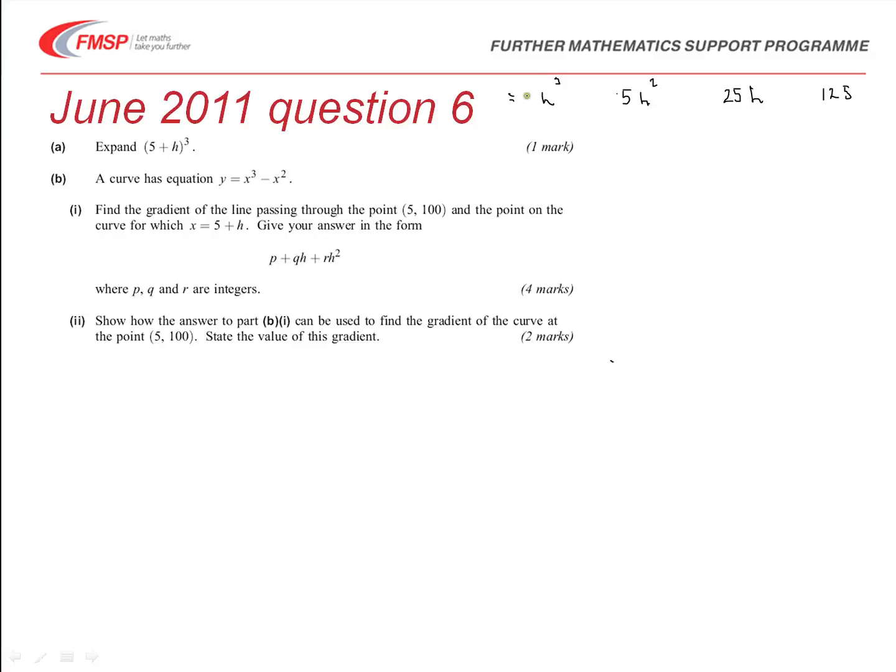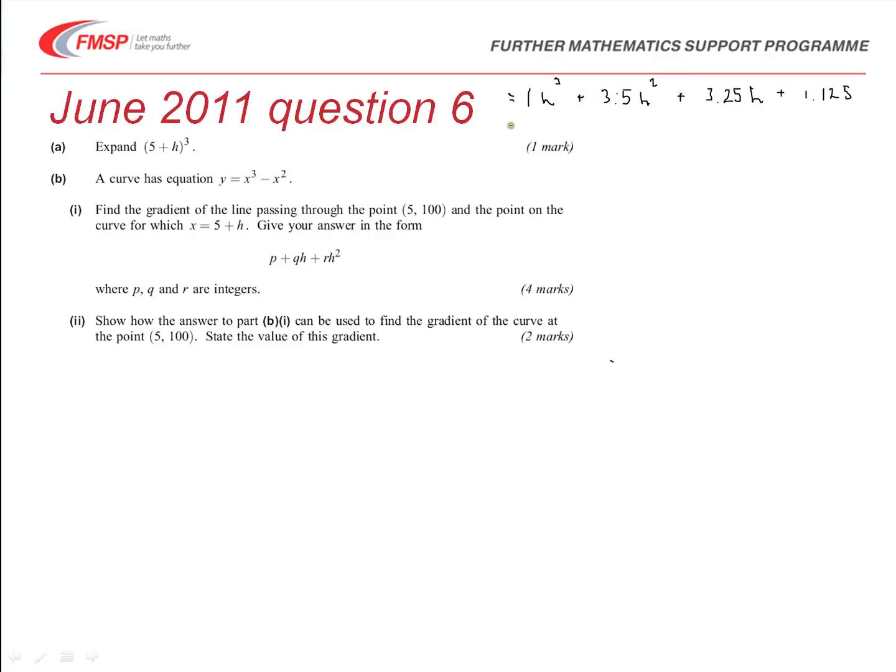For the third row, since we're working out the cube, it is 1, 3, 3, 1, and each of those terms will be added.